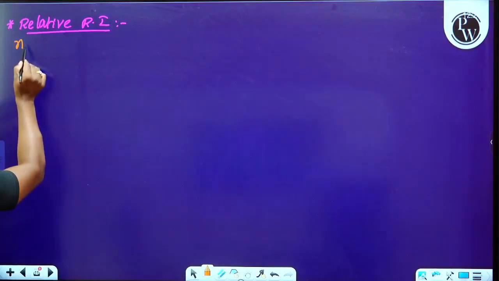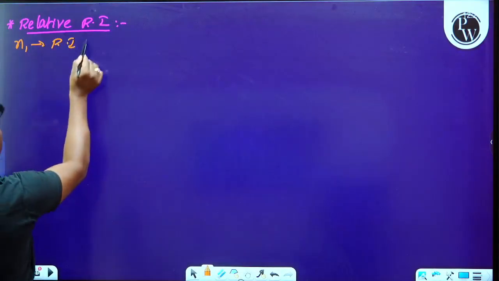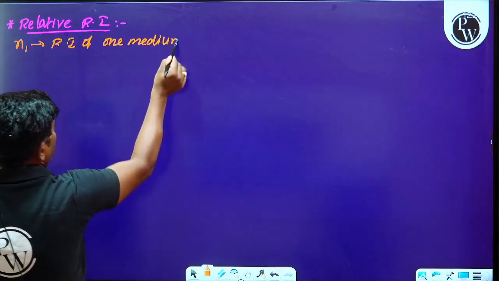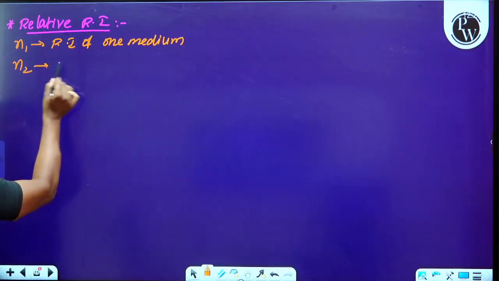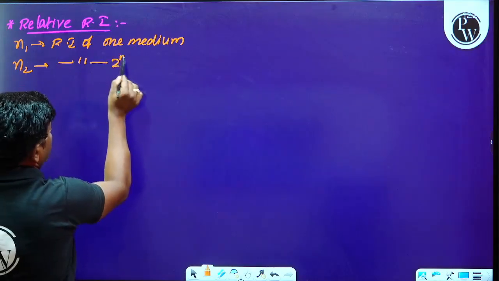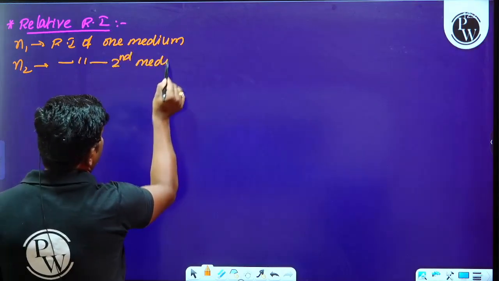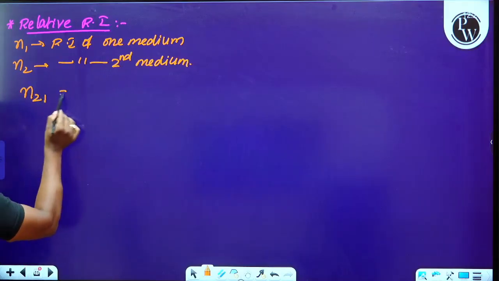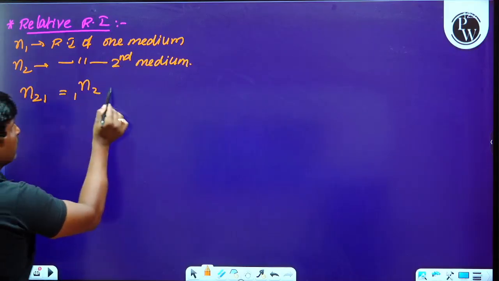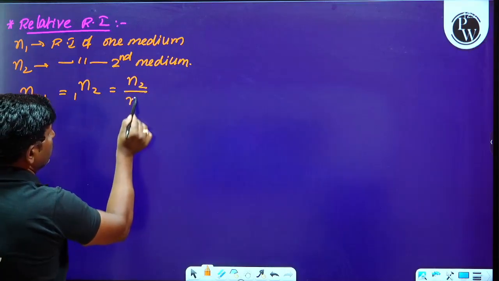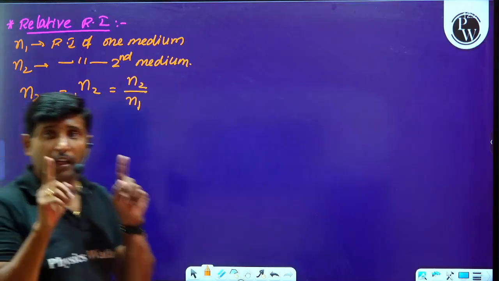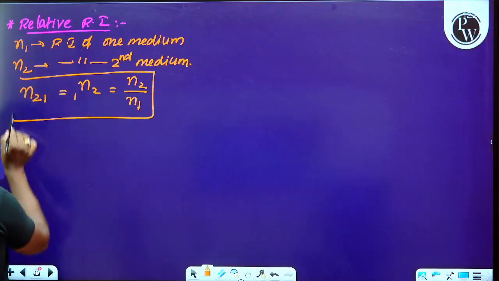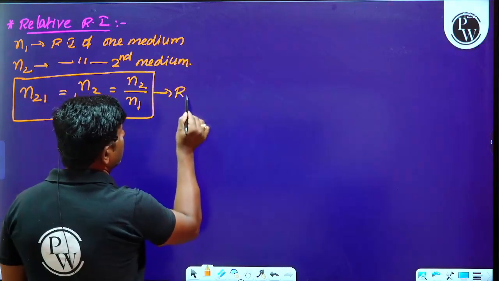If n1 is the refractive index of one medium, and n2 is the refractive index of the second medium, then we can write n21, or we can write it as n2 divided by n1, that is the relative refractive index.